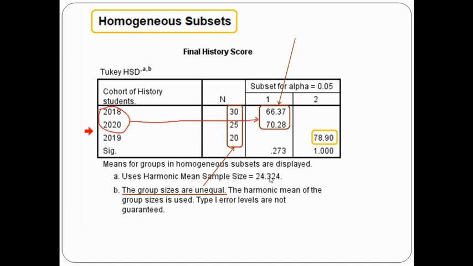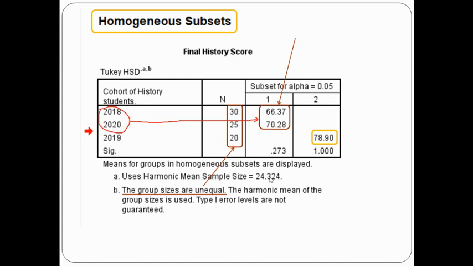However, ladies and gentlemen, the mean score for cohort 2019 is all alone. Its mean score is 78.90. It is all alone and really alone. No mean score of another group comes together with it. This tells us that the 2019 cohort performed differently from the other two cohorts on the history subject.